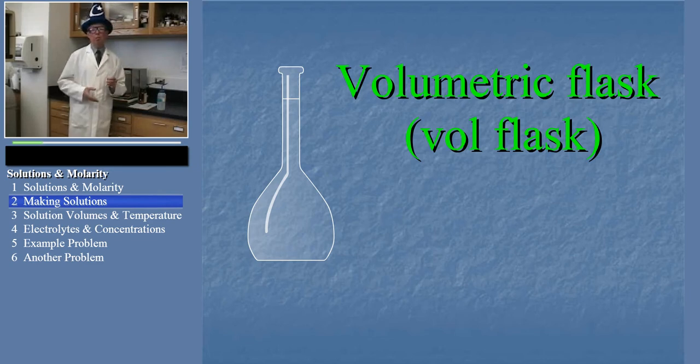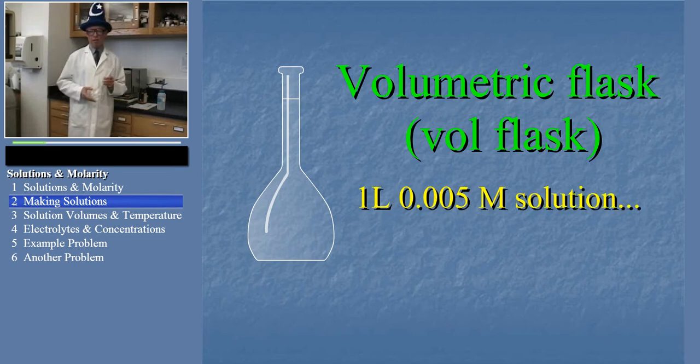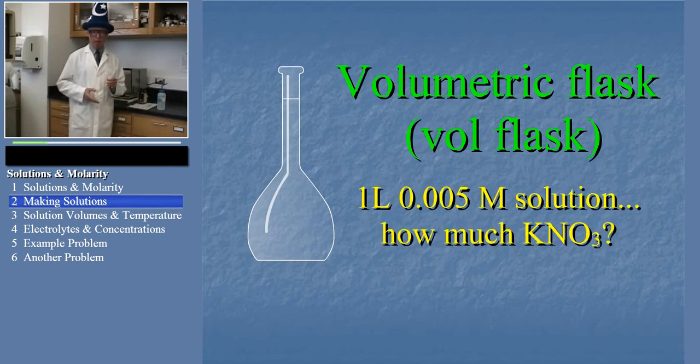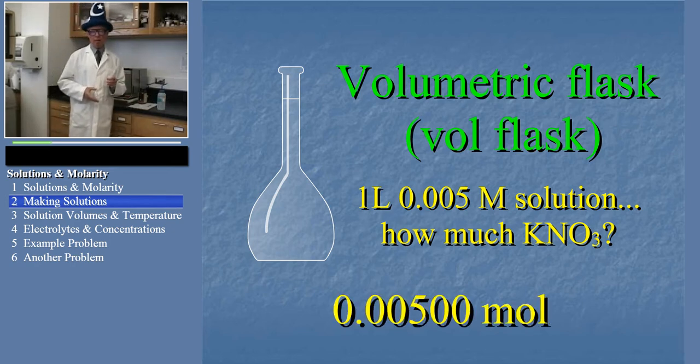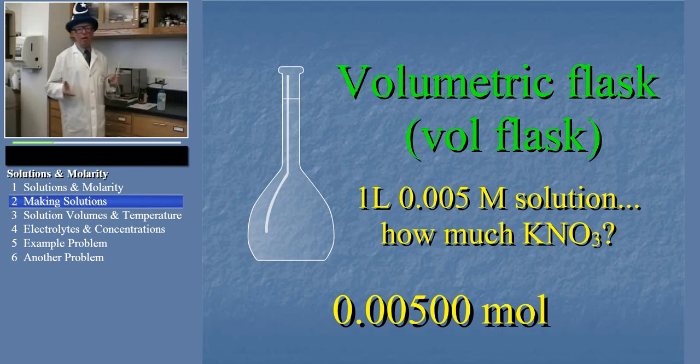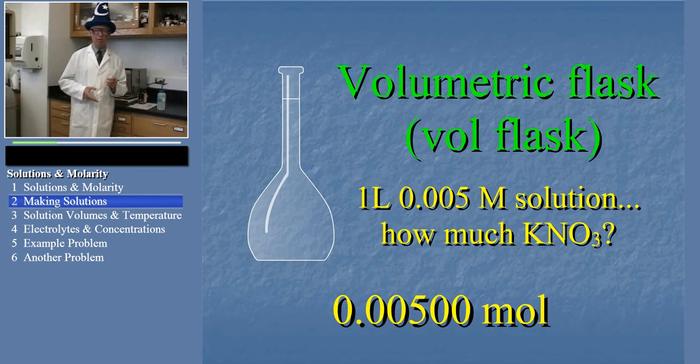Now, if I want to make a 0.005 molar solution, which is 1 liter in size, how much potassium nitrate will I need? That's easy. I'll need 0.005 moles of potassium nitrate. Now, of course, I don't have a device that will count out 0.005 moles of potassium nitrate for me, so I'm going to want to weigh out 0.005 moles.